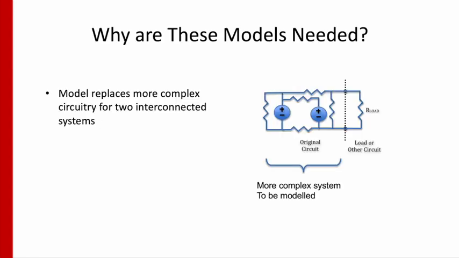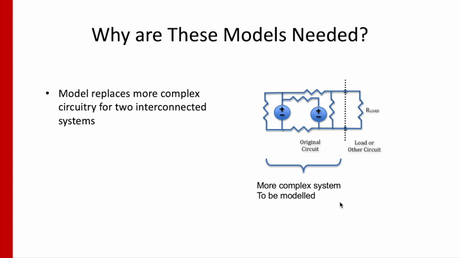So, why are these models, the Thevenin and Norton models, needed? Well, the models will replace more complex circuitry that is associated with a situation having two interconnected systems. So imagine this portion of the circuit here to the left of the dashed line.